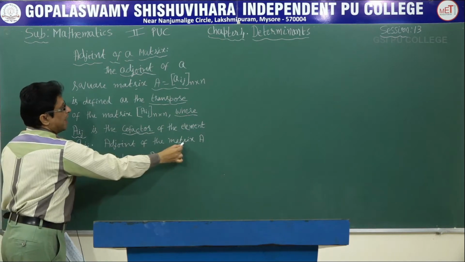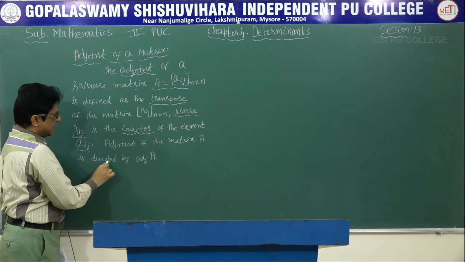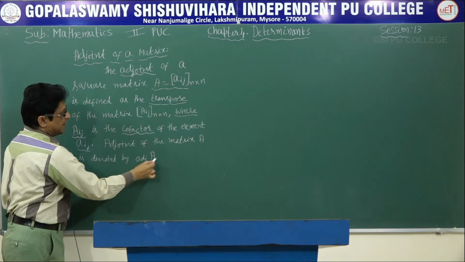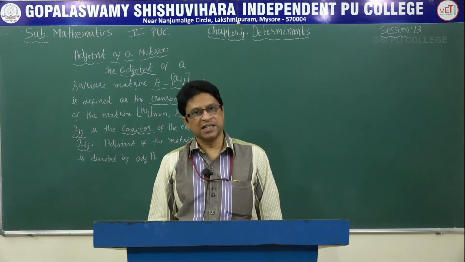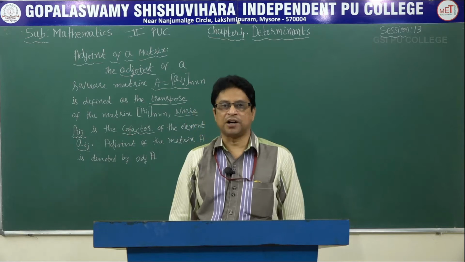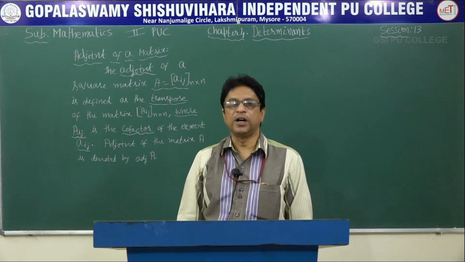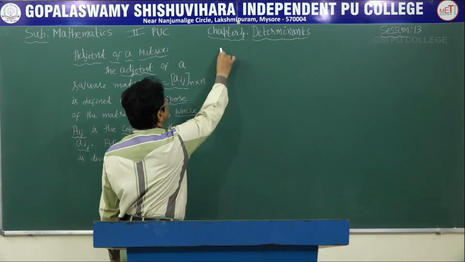The adjoint of the matrix A is denoted by adj A. That is, the adjoint of the matrix is nothing but the transpose of the matrix of cofactors.